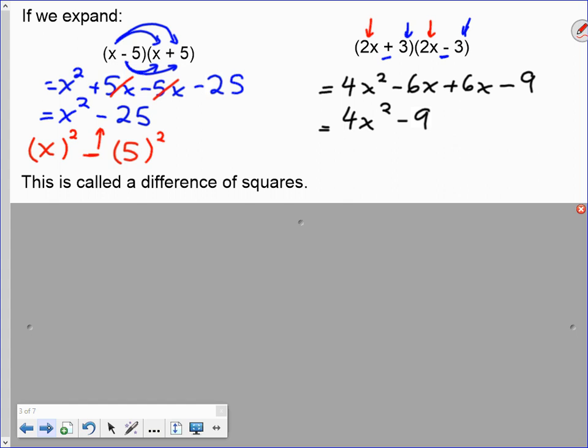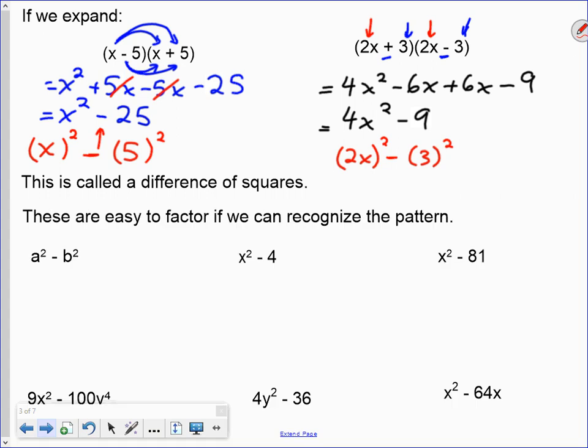This is our difference of squares. We're subtracting two things. Our first thing is 2x squared, and our second thing is 3 squared. Being able to recognize this pattern can save you a bit of time if you're doing some factoring.